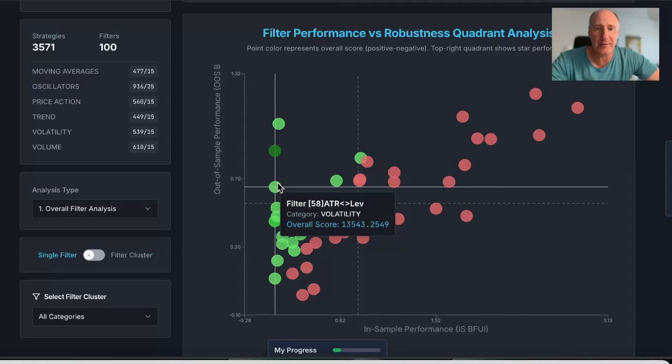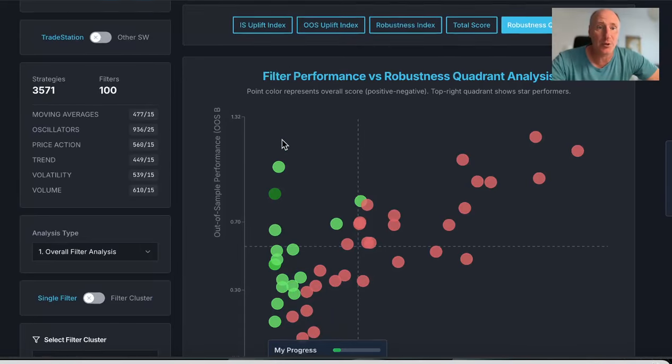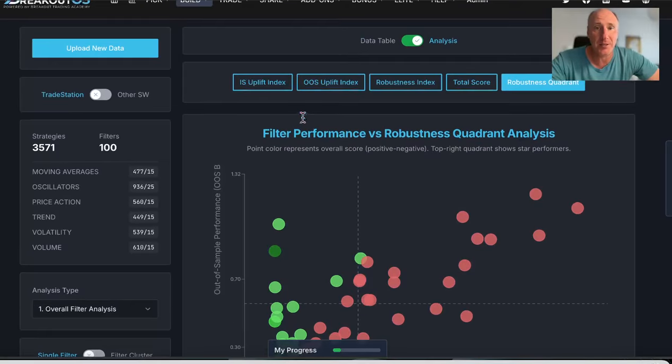The better the result in sample, the better in out of sample, which is exactly what we want. That's exactly the robustness. That's the stability. That's making sure this will work in live trading. Again, I'm so happy I'm seeing these numbers because it just confirms what I keep seeing again and again.